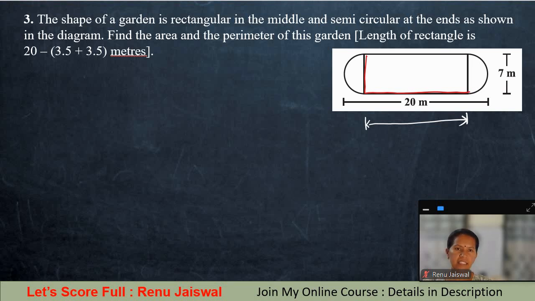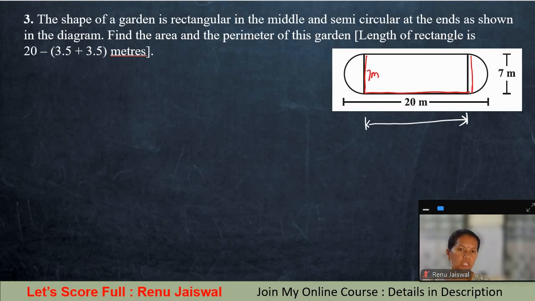Length of rectangle is this much. They have given hint. Remember, in the exam you won't be getting any hint. So the thing is, you have to learn in such a way as hint is not given. So here to calculate the length, from the figure you can see the diameter of the semicircular part is 7 meter. Even the breadth of the rectangle is 7 meter.